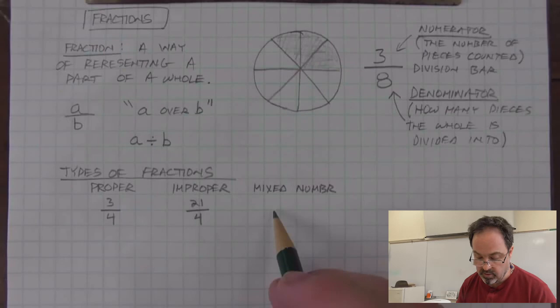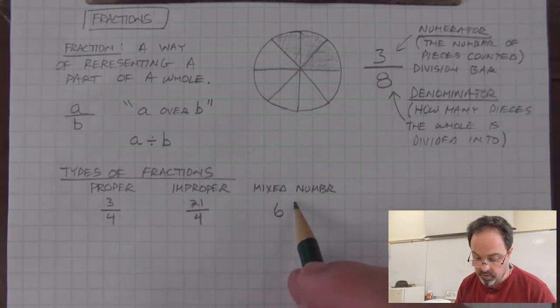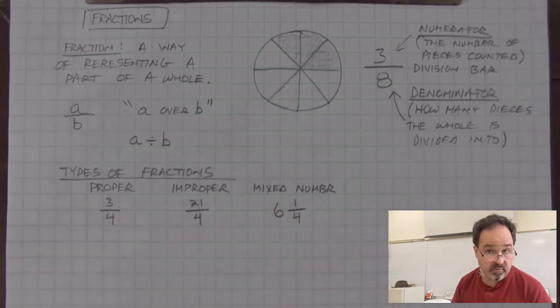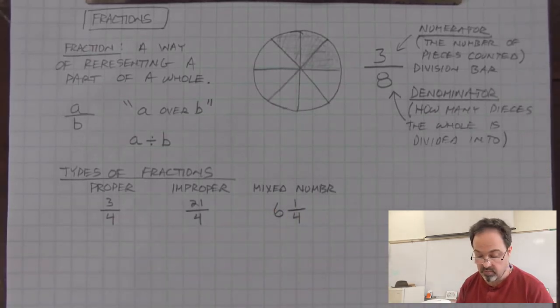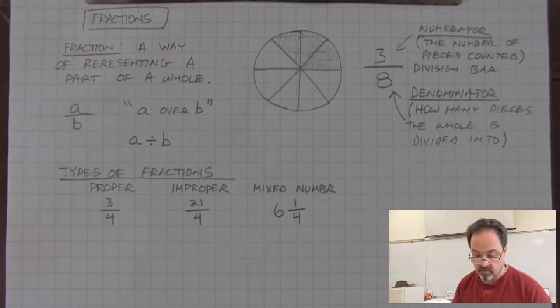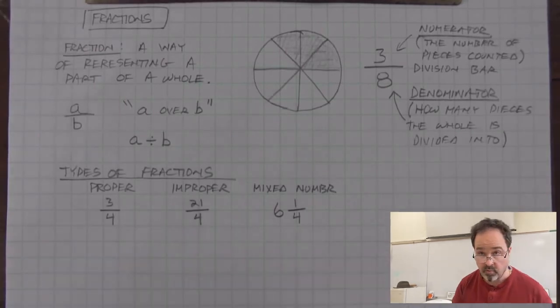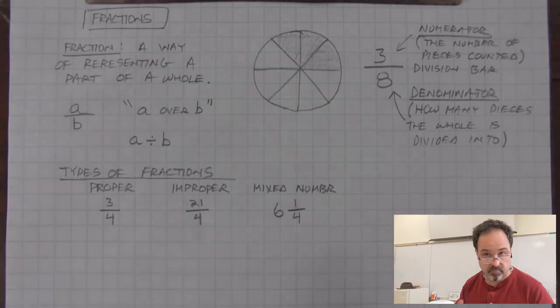A mixed number is a whole number combined with a proper fraction to make a mix of the two. Mixed numbers represent a quantity that has some whole and some fraction.